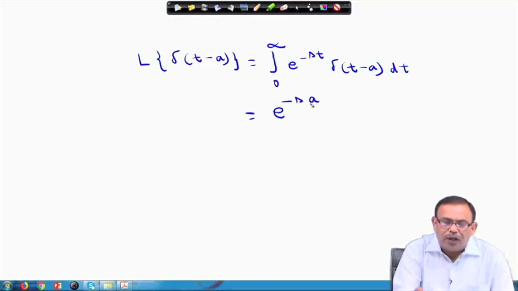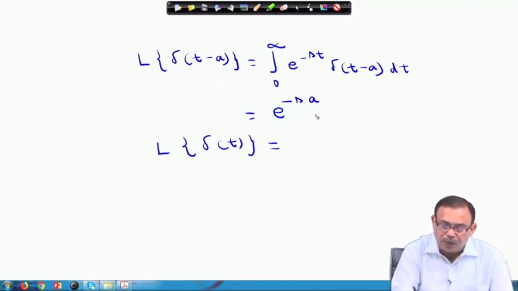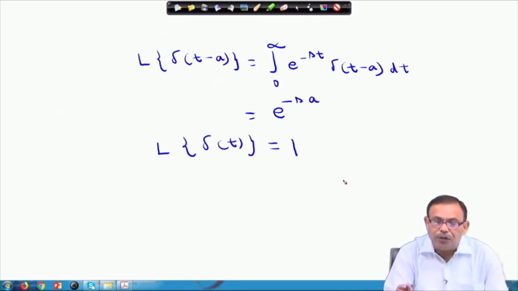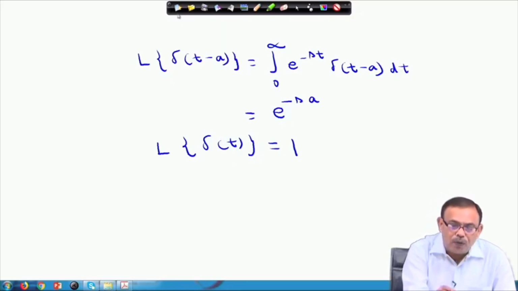And the Laplace transform of delta t, that is whenever a is 0, equals 1. So please note that the Laplace transform of the Dirac delta function delta t minus a is e power minus s a, and the Laplace transform of delta t equals 1.